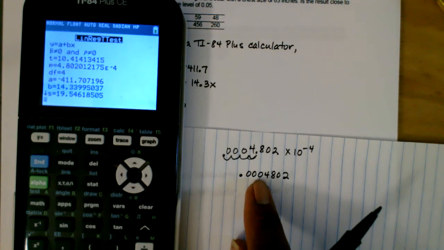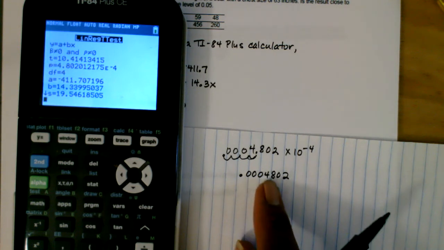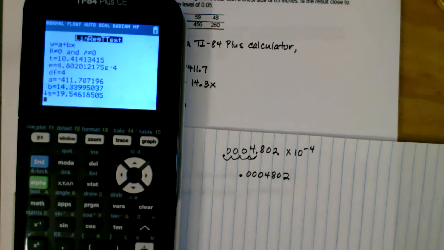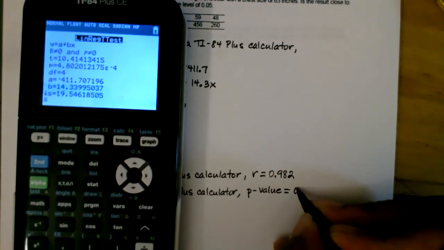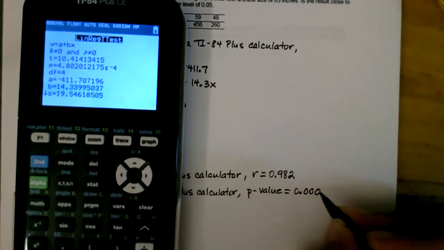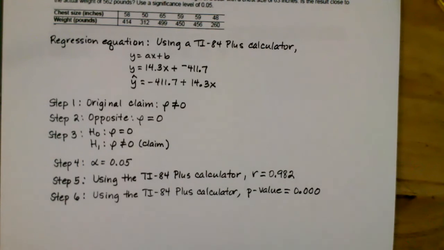This third 0 is in the third decimal place, and to the right of it is a 4, which is less than 5. So I'm going to have 0.000. That p-value is very small. So my p-value is 0.000.